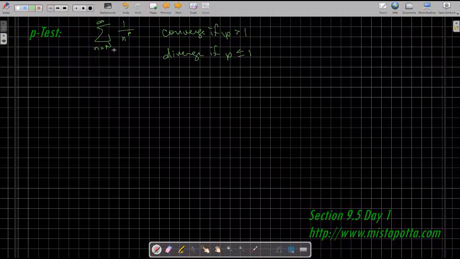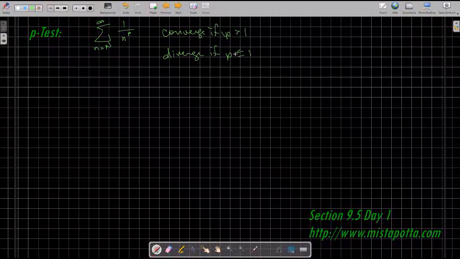But if this was already less than 1, adding 1 to it forces it to be positive, and it means the integral would be an increasing function. And so this p-test is a real quick way of showing, just by observation, it's converging or it's diverging.